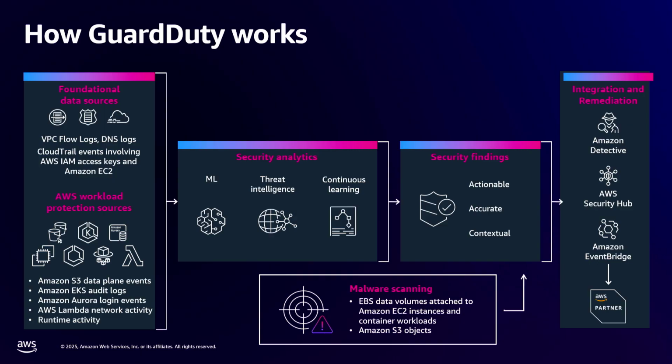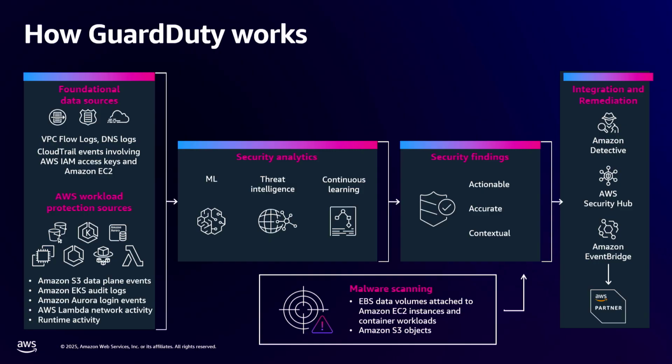Amazon Aurora login events, Lambda network activity, and then we have runtime activity as well for EC2, EKS, and ECS, the Elastic Container Service from AWS. And then we also have the ability to scan for malware in EBS volumes as well as S3, where a lot of customers might have an S3 bucket where they have untrusted uploads and they need to verify that those files don't have malware in them before they move them into their application workflow.